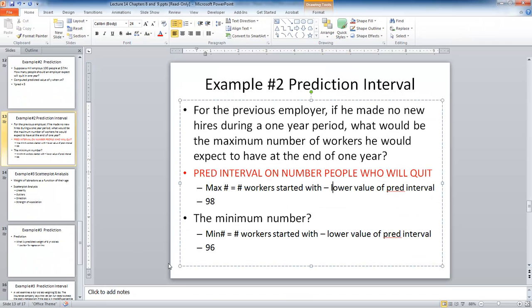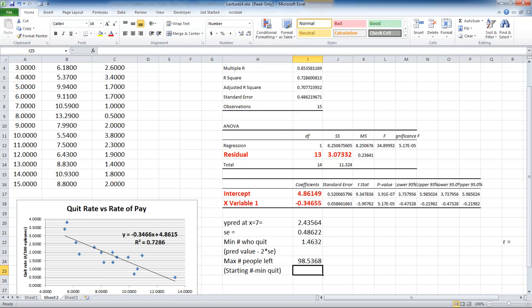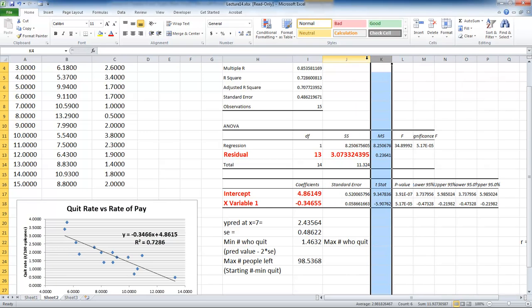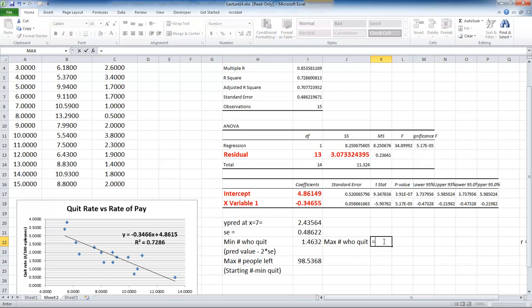Okay, what is the minimum number he could have left? Well, the minimum number he could have left would be the starting value minus the maximum who would quit. So the maximum number who would quit, this is the upper part of the prediction interval. So this is equal to the predicted value plus 2 times the standard error.